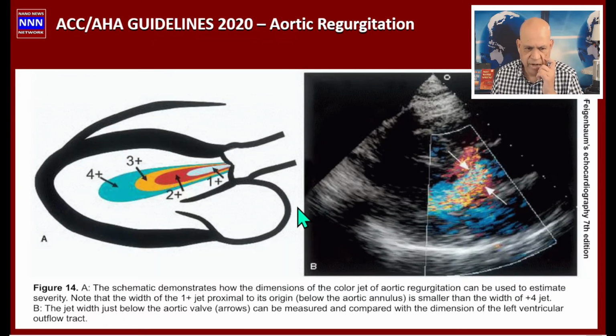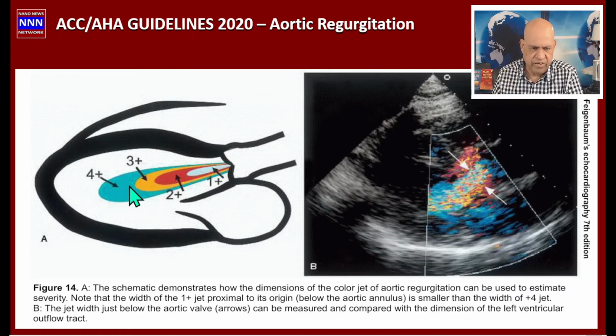Okay, here is a diagrammatic representation of what we are talking about. As I said, if the jet is covering only about 25% of the outflow tract, it is 1 plus. If it is covering about 30% of the outflow tract, it is 2 plus. And as you can see, as it covers more and more of the ventricle, the degree of regurgitation gets worse.